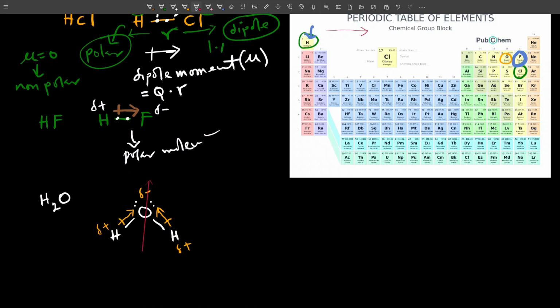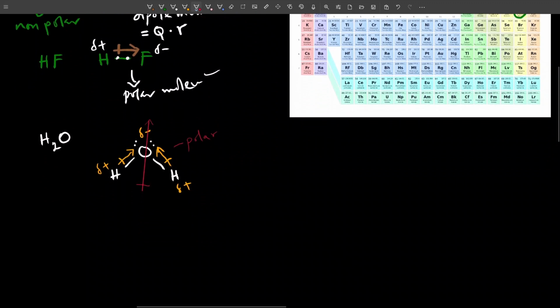I can't really tell the value because you have to do some calculations, but it should be something around 1.8. Because this molecule has a dipole moment, we say that water is polar. I hope that's clear. Let's take a look at more examples.